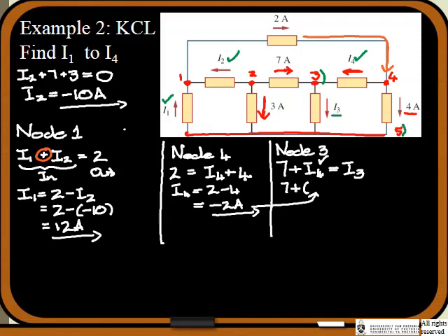Plug that one in there, so it's minus 2, must equal I3. So we have I3 equals 5 amps. Right, that's when solving using node 3.